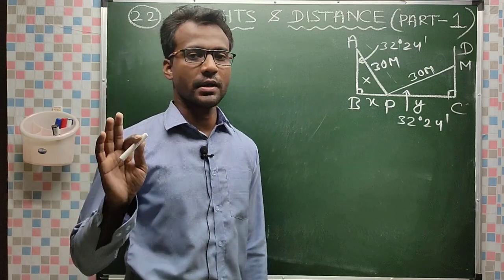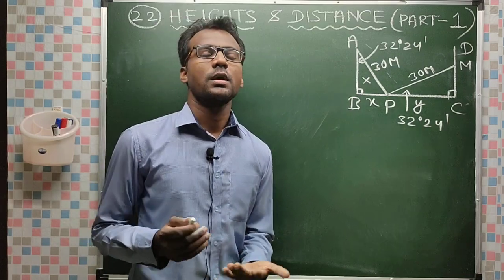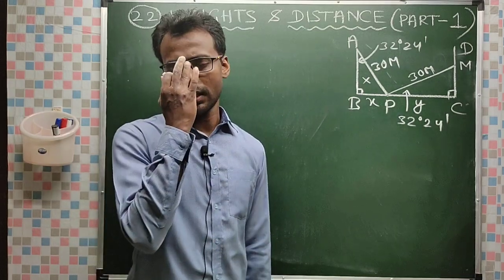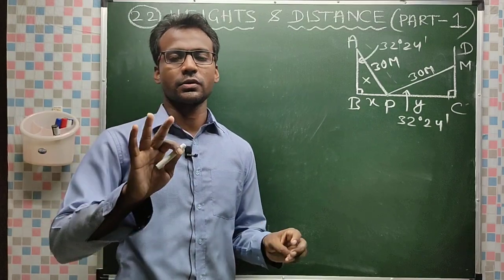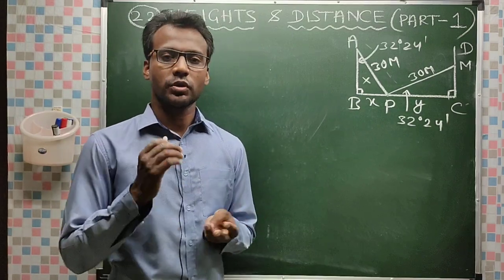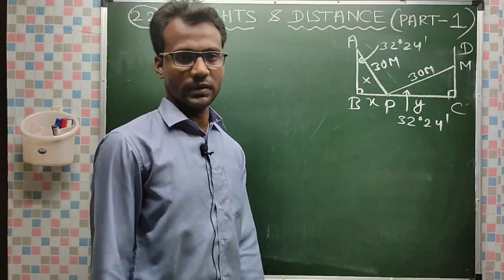Okay, we cannot use tan here or we cannot use cos. I told you most of the cases you will use tan, but in some cases rarely you have to use sine and cos. Sine, cos, tan, these three ratios only you have to use. Most of the time tan, in some rare cases sine and cos. So here we have to use sine.